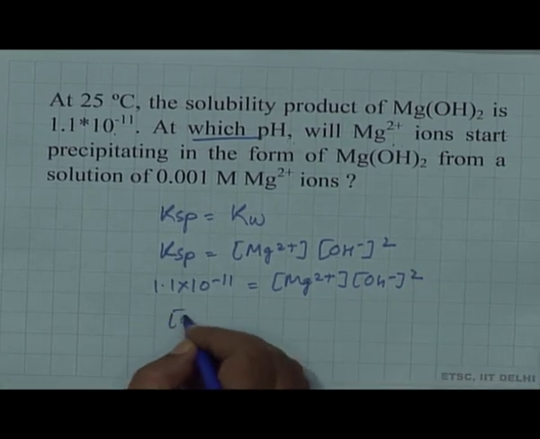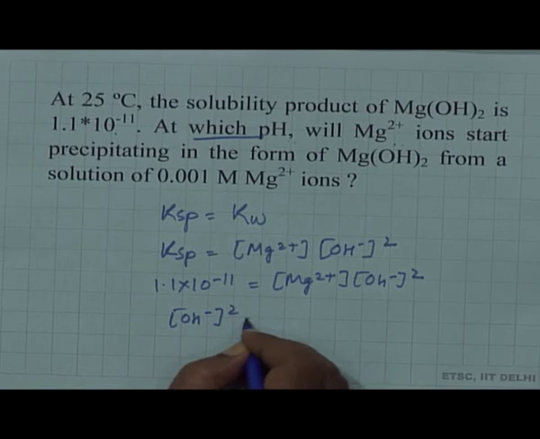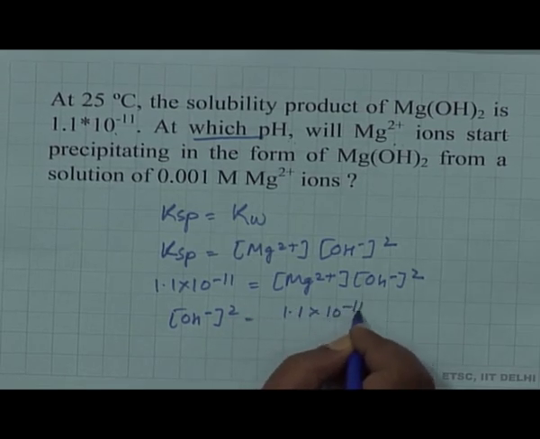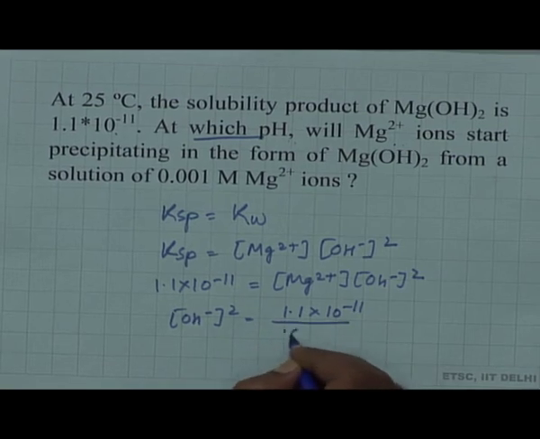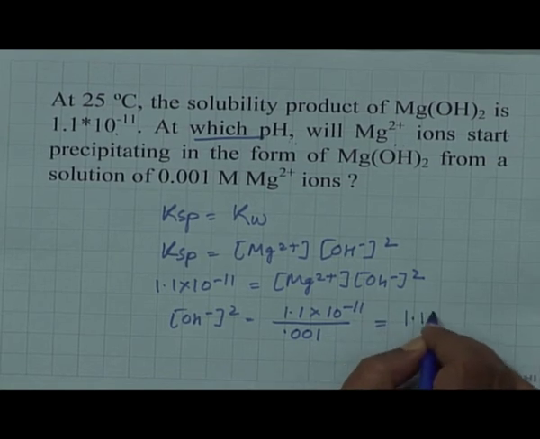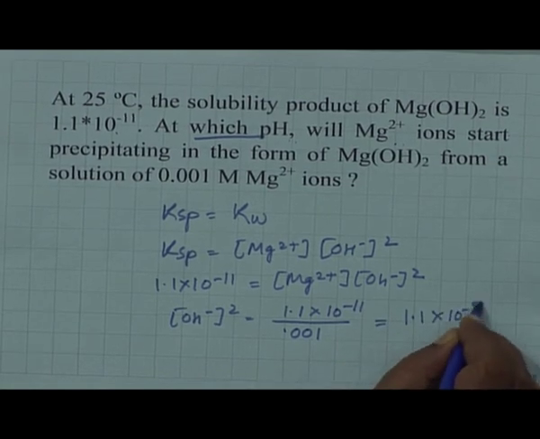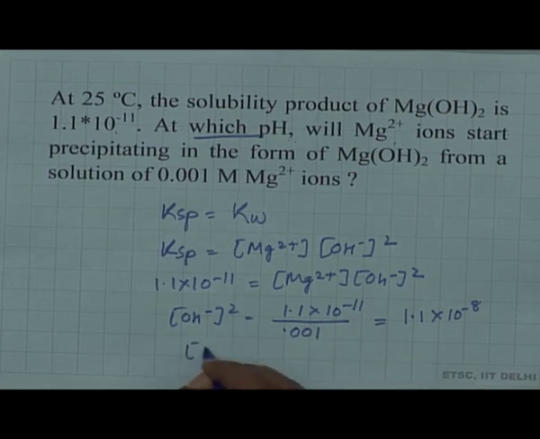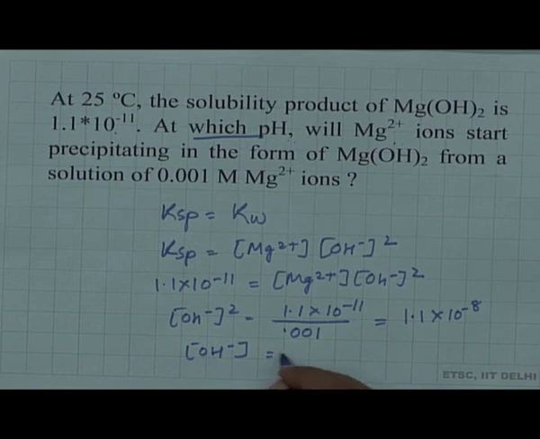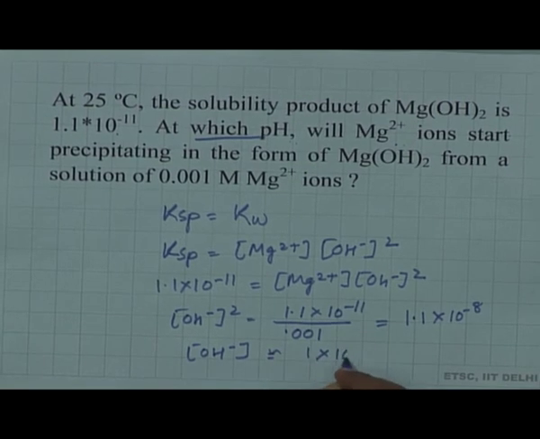So, you can calculate OH minus ion square, and this is 1.1 into 10 to the power minus 11 divided by 0.01, which is 10 to the power minus 2. So, you have 1.1 into 10 to the power minus 9. So, OH minus ion concentration will be around 1 into 10 to the power minus 4.